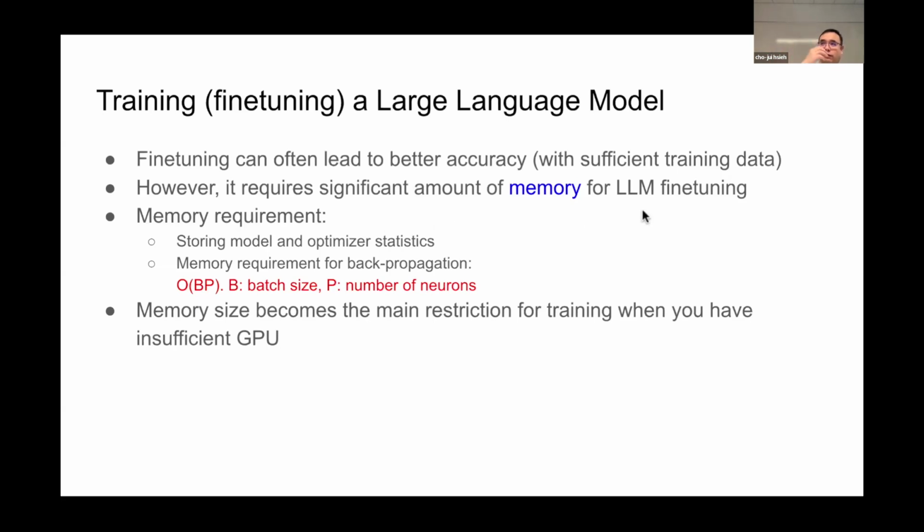For example, if you have a 100 billion parameter model and you want to fine tune it on a task, you probably need more than 20 GPUs to even fit the model and be able to conduct backpropagation for training. So the memory requirement has become the bottleneck if you want to fine tune the large language model.